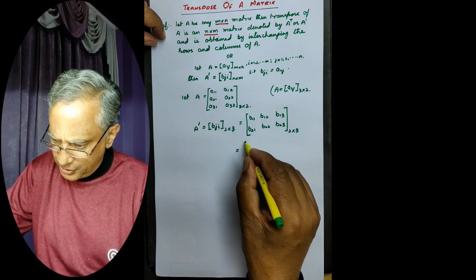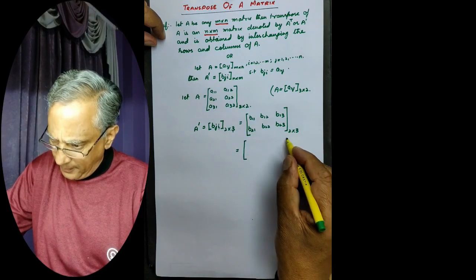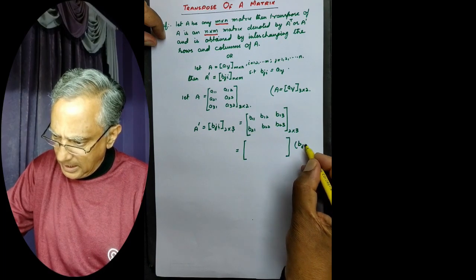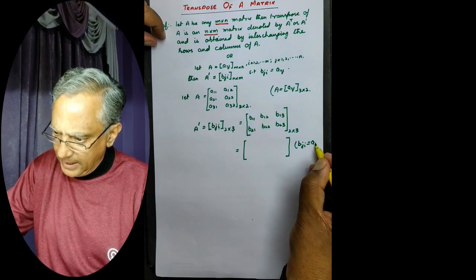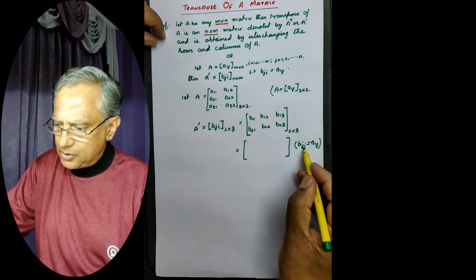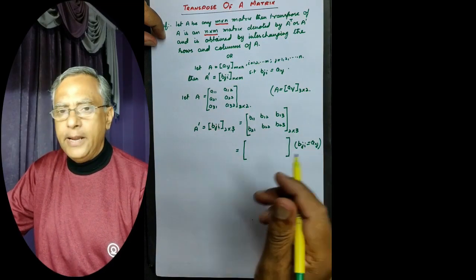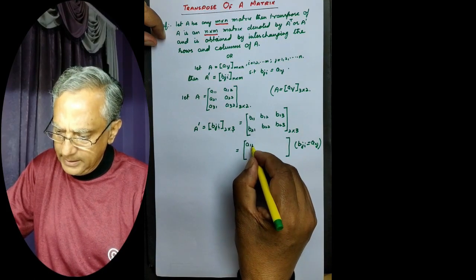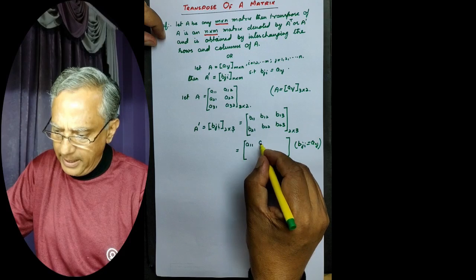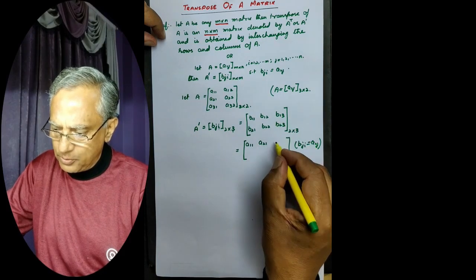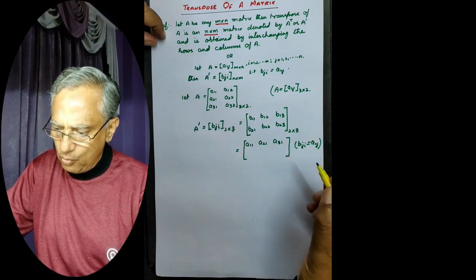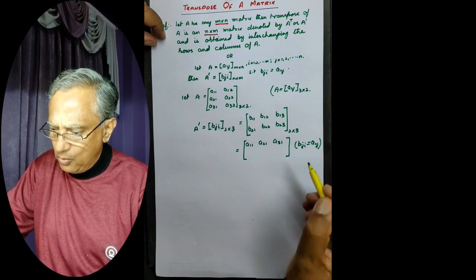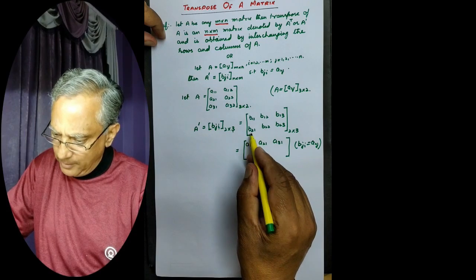Now the definition says that Bji is equal to Aij, that is, row and column indices will be interchanged. So here this will become A11, this will become A21, this will become A31. B13 will be A31.